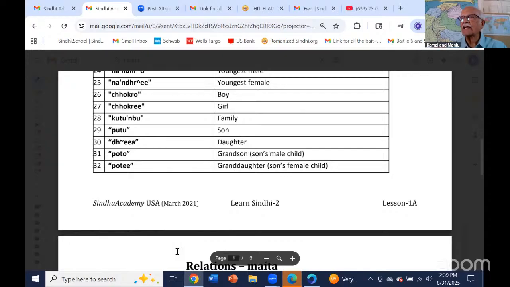Chahe suthi aahe. Khiru, milk. Khiru sutho aahe. But chahe suthi aahe. Chahe is feminine. Khiru is masculine. Chahe kari aahe. Black, kari. Khiru acho aahe. Khiru acho, white. Masculine. Chahe kari aahe is feminine.